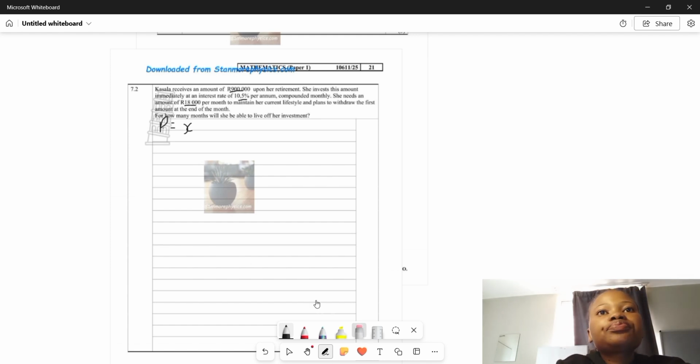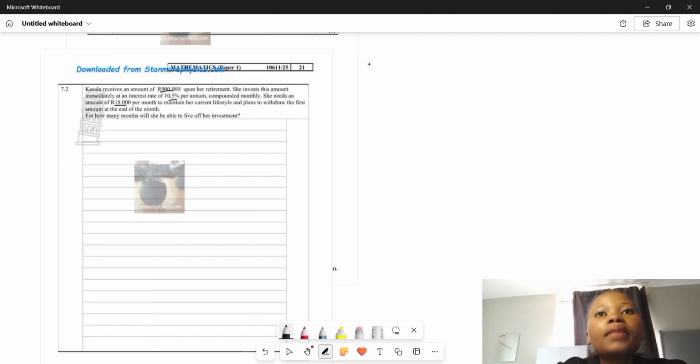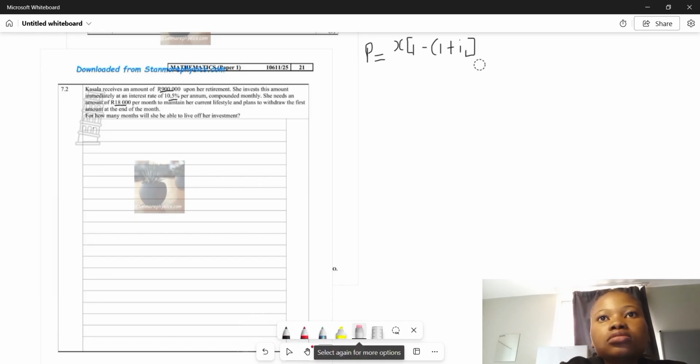x is equal to 1 minus (1 plus interest) to the power of negative n, close brackets, divided by i.